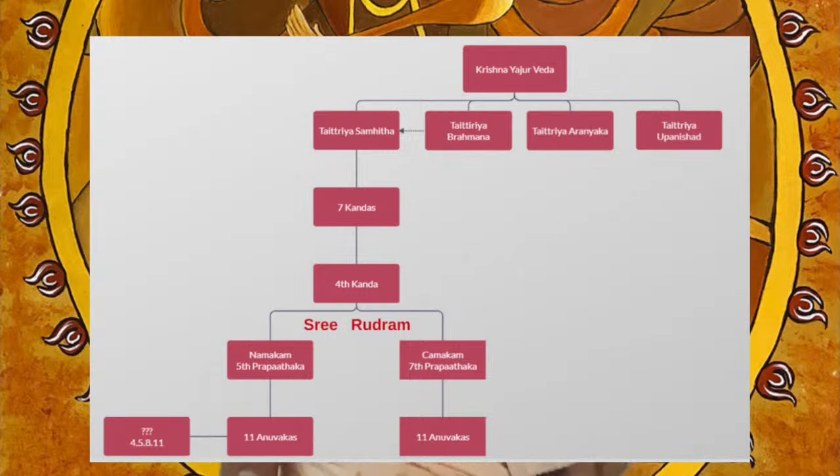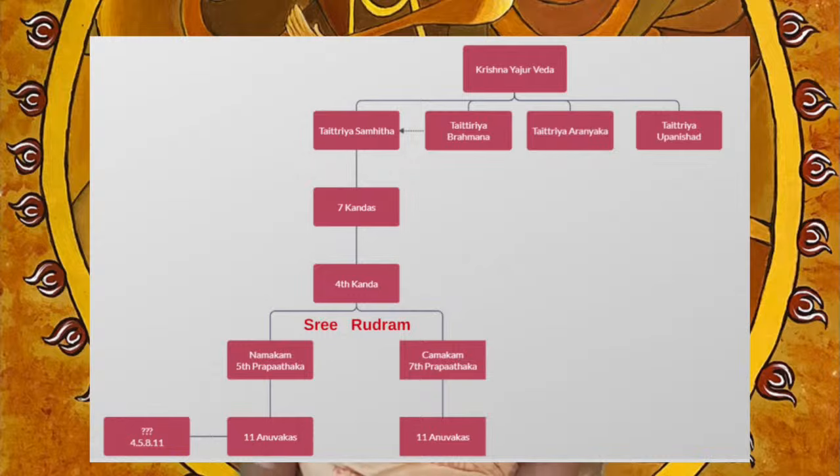Sri Rudram is contained within Taittiriya Samhita. The Taittiriya Samhita has 7 kandas or 7 books. Sri Rudram is found in the 4th kanda. Each kanda is divided into chapters which are called prapatakas.